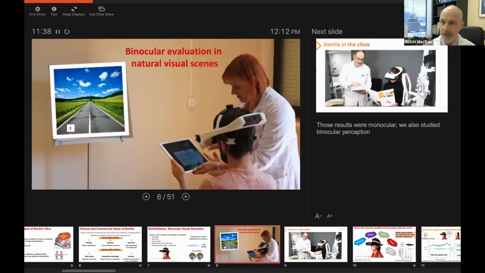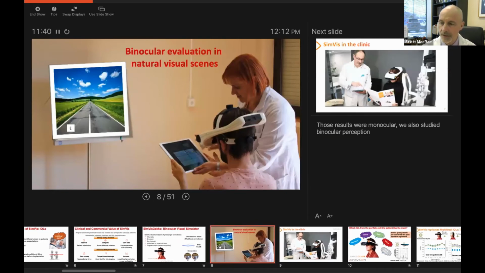So this is actually what it looks like in the exam lane. Here you can simulate with distance images. This is under photopic light conditions, and you can also do a near test and demonstrate that to the patient.